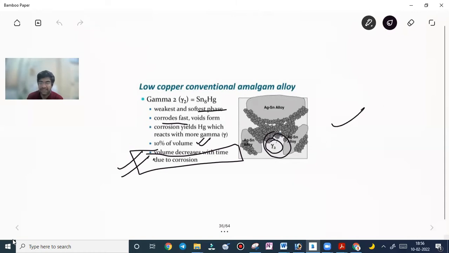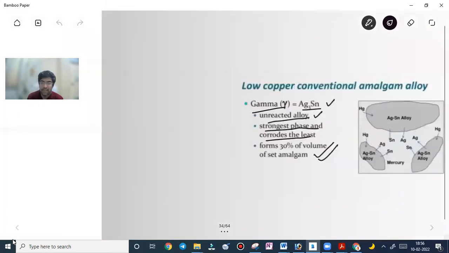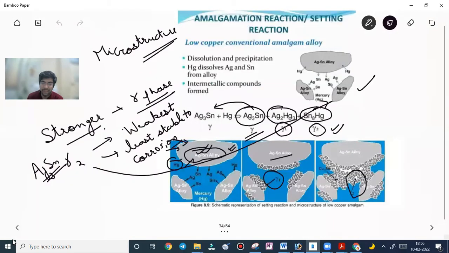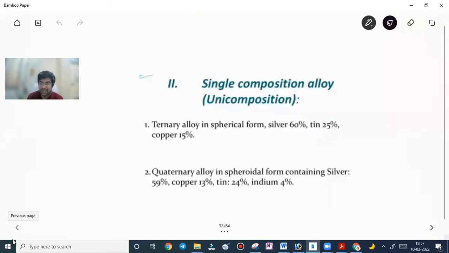Now let us discuss the high copper alloys. The high copper alloys contain copper between 13 to 30%.